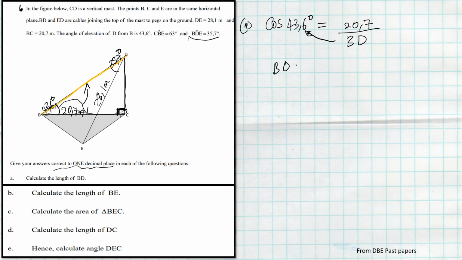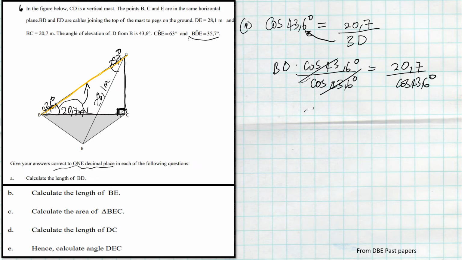So BD multiplied by cos 43.6 degrees is equal to 20.7. Then to solve for BD, I divide both sides by cos 43.6 degrees. Then this cancels this. Then my BD is going to be equal to, I can just use a calculator there, 28.6 meter. Okay, so this is my final answer for BD.